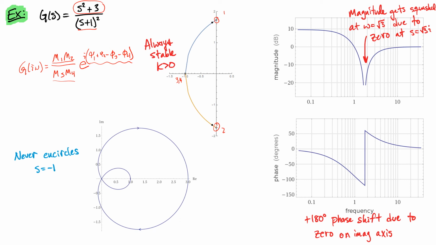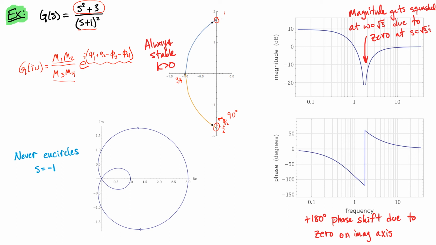So again, we can look at the angles. So similar to the previous example, this angle, which we call psi2, is always going to be 90 degrees for the Bode plot, which is always positive, evaluated on the positive imaginary axis.